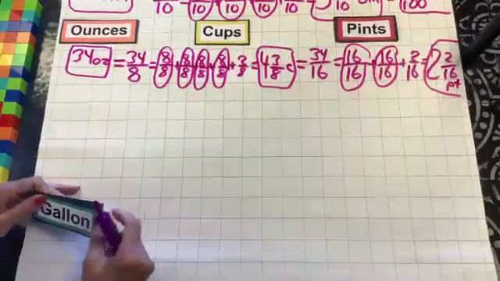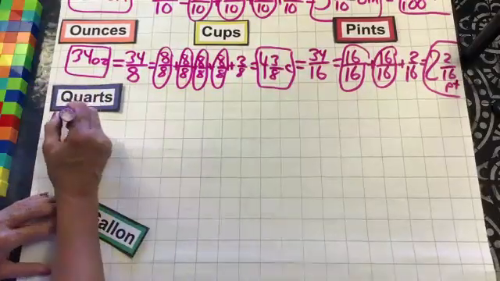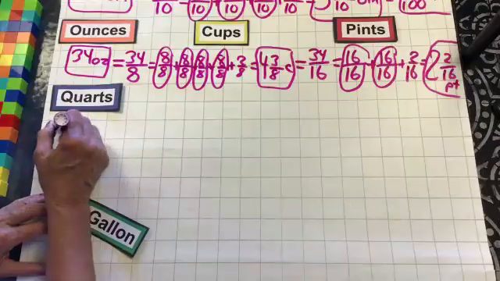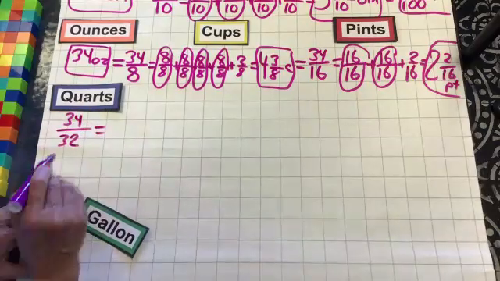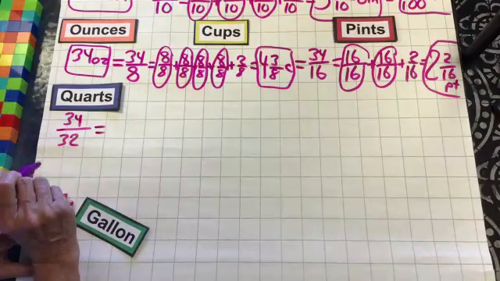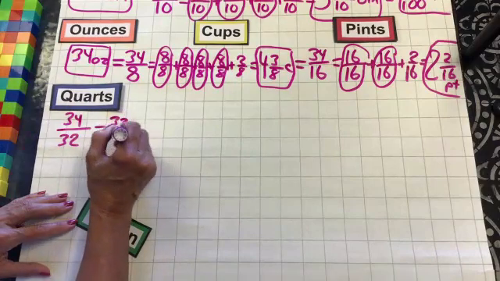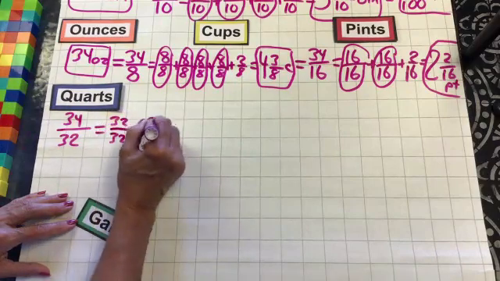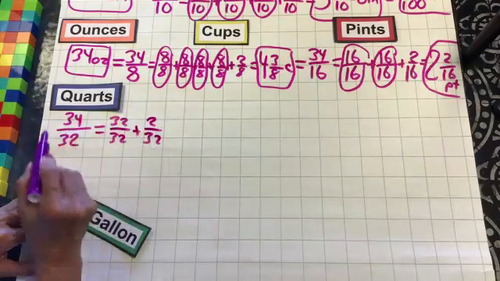All right, let's move on to quarts. And we have 34 over 32. It takes 32 ounces to make a quart. So we have 34 ounces, and we're going to take 1 out. So that would be 32 over 32 plus 2 over 32. 32 plus 2 is 34.